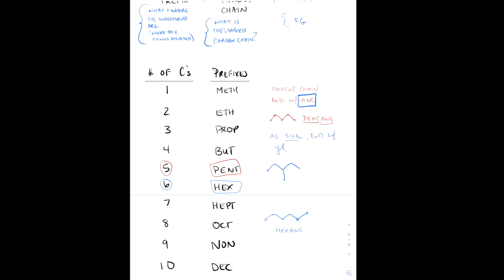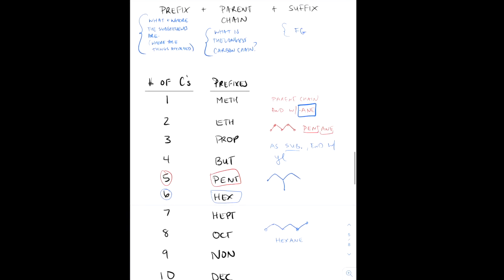So what is this thing up here? Well, remember the rules; we'll go over them. This group right here, since it's dangling off the major portion of the carbon skeleton, is called a substituent.